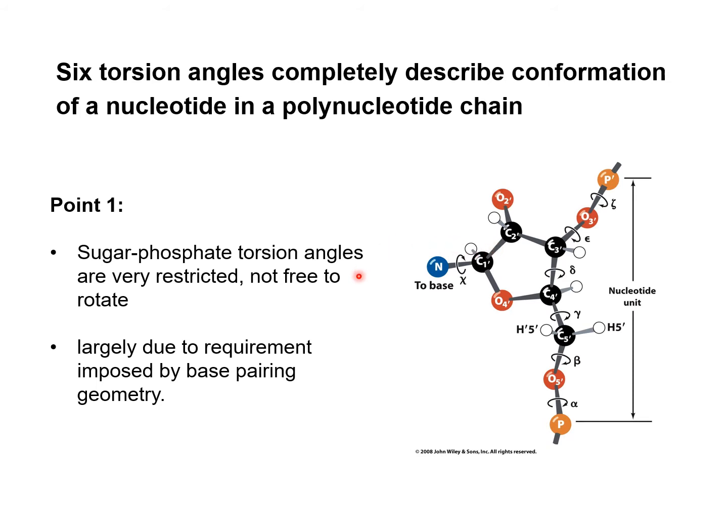And the base pairs are always pretty specific and located right in the middle of this double helix too. So they have not much room to rotate or move there. And the torsion angles or the rotations largely depend on the requirements imposed by the base pairing geometry itself, not the backbones or the other molecules that might interact, like proteins.